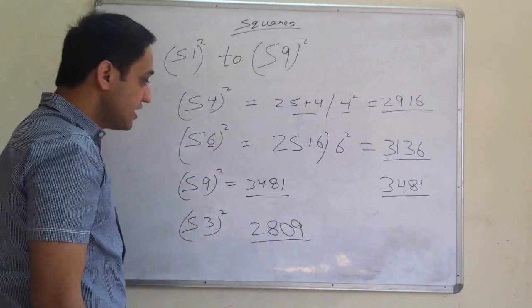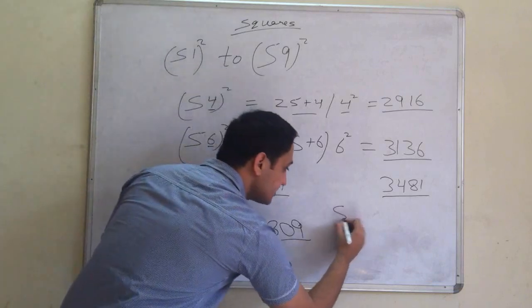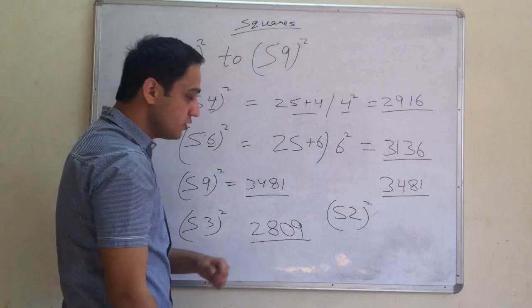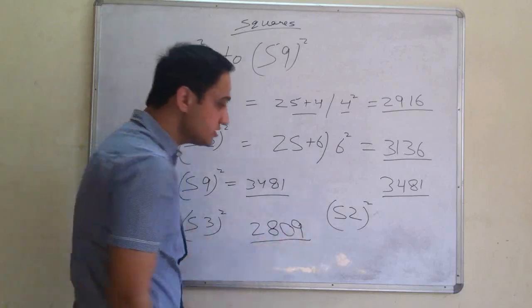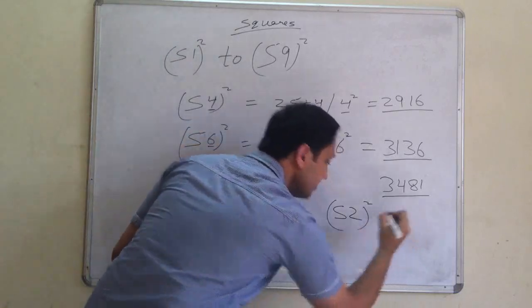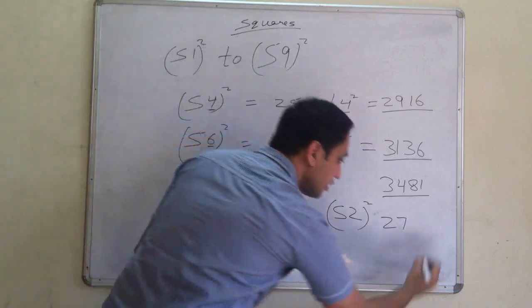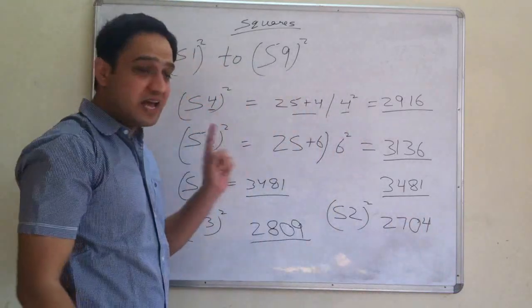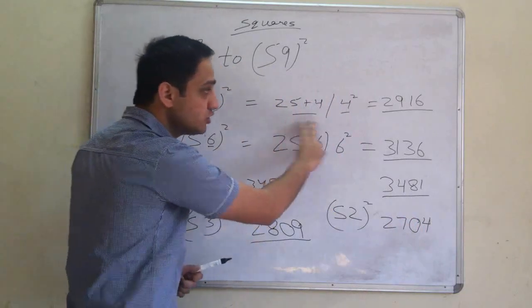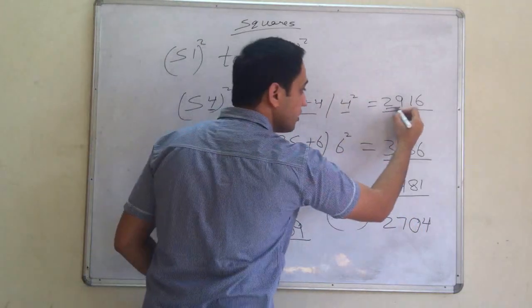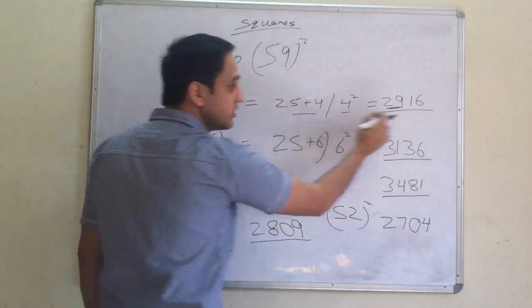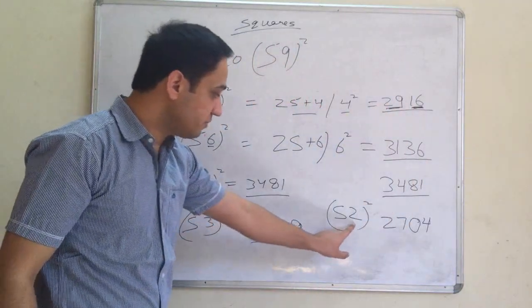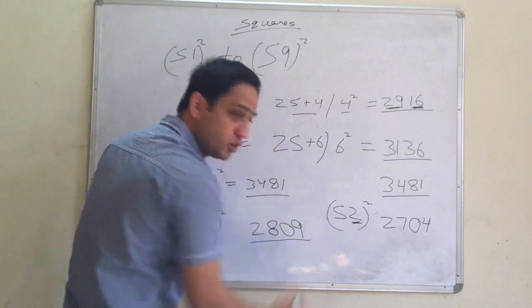Here, if I have to do the square of 52, so 52 square is, I know, 25 plus 2 is 27. And the square of 2 is 4. So I'll write 4 and take 0 here. So again, these represent 2 digits and this also represents 2 digits. So that means 25 plus the unit digit, which is 2.